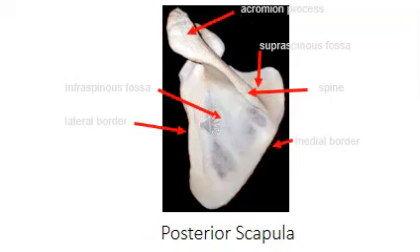The posterior surface of the scapula is characterized by a process which is called the spine, carrying laterally the acromion process.